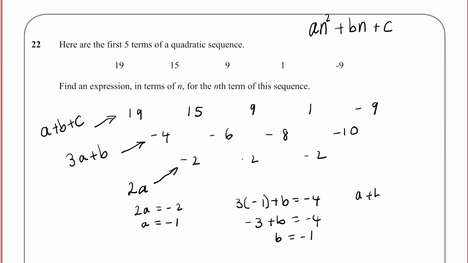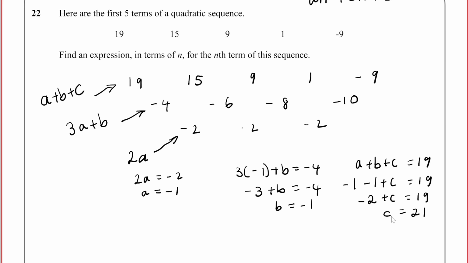So a plus b plus c is 19. a is negative 1. b is negative 1. Negative 1, take away 1, plus c is 19. c has to be 21. So our sequence has the nth term minus 1n squared minus 1n plus 21.